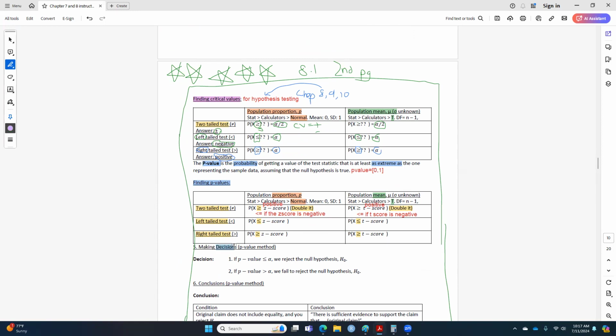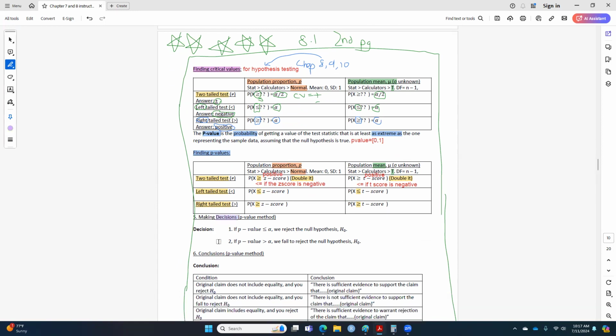How do you make a decision here? You make a decision based on the p-value and the alpha. If the p-value is less than or equal to alpha, we will reject the null hypothesis. That means if you are rejecting the null, you are taking the alternative.